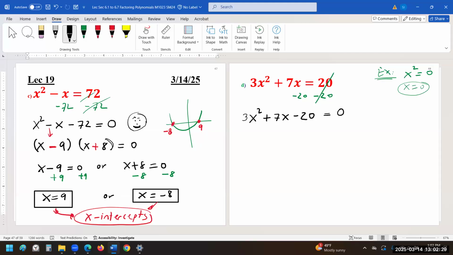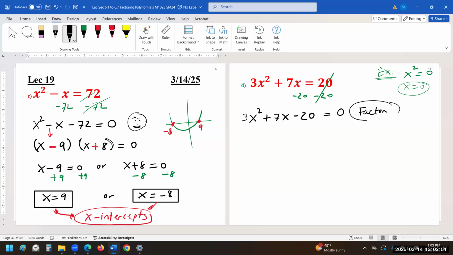And then what to do? Factor. Good. We need to do factoring, but by which method? Like this one directly or other methods?